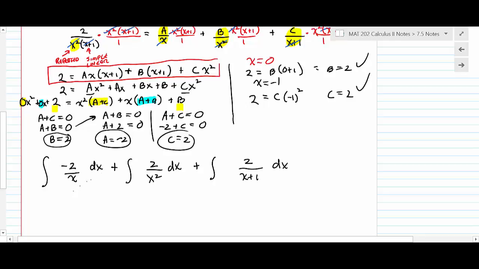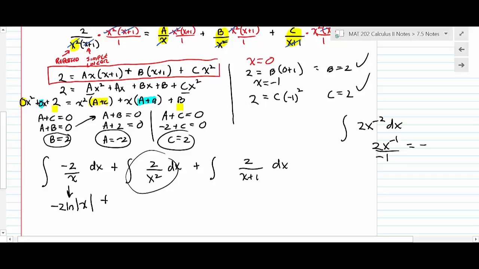So the thing on this is, this integral right here is what? Negative 2 ln of x, right? Now this one right here is not an ln. This one is really the integral of 2x to the negative 2. So that's a power rule, isn't it? Okay, so if you do the power rule on that, you're going to get 2x to the negative 1 over negative 1.